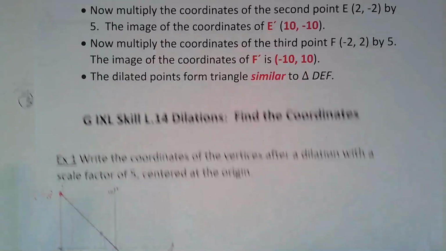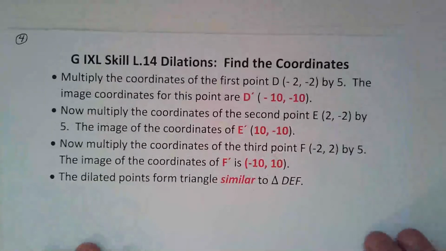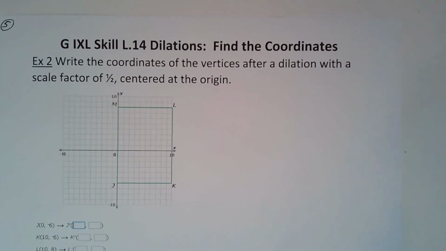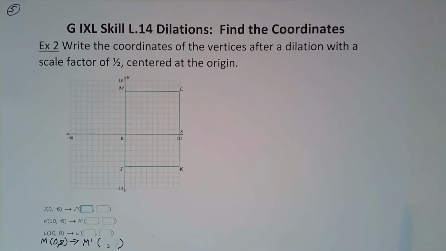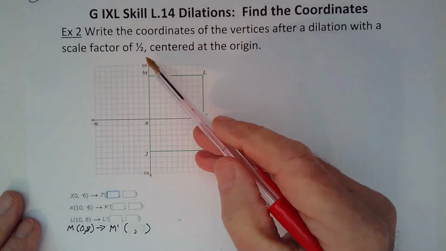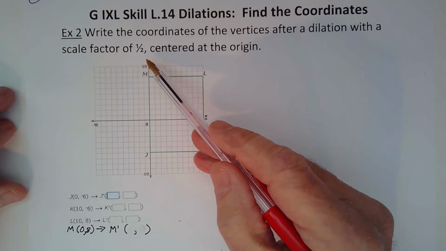Now I'm going to show you one more example, and this example is a little different, only in the sense that the scale factor is 1/2. Okay, now think of 1/2, that's less than 1 whole.